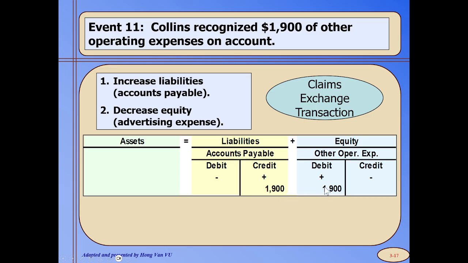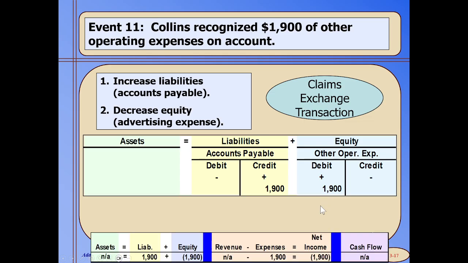However, we also recognize our expense. It means that we increase our expense, and if we increase expense, we use the debit side. So the total debit should be equal to the total credit.